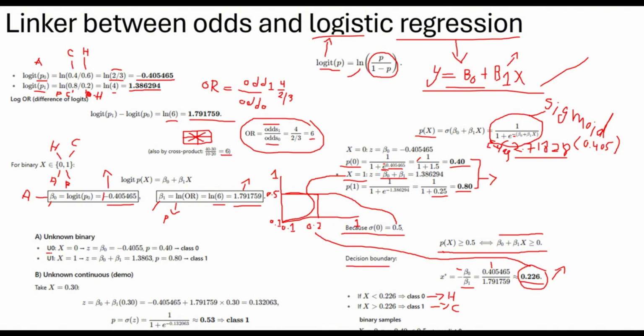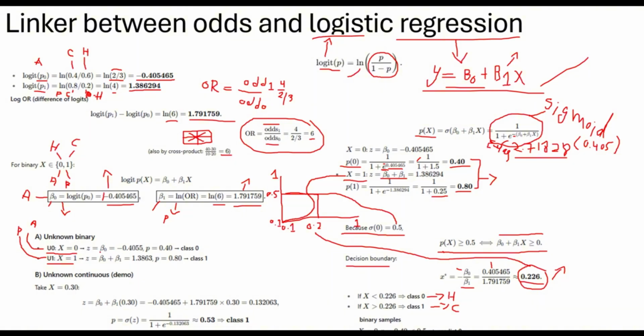For example, if your x is a binary number, you have two new patients: patient 1 says the biomarker is absent, and the second says it's present. All you have to do is calculate these logits, as we did from the beginning.